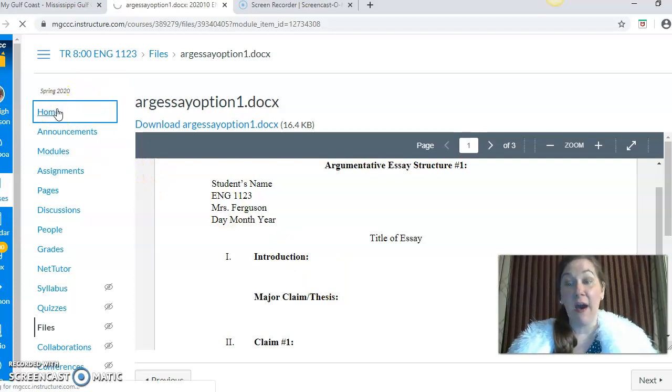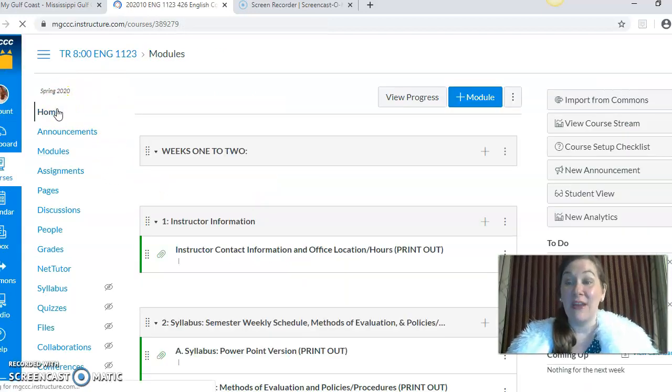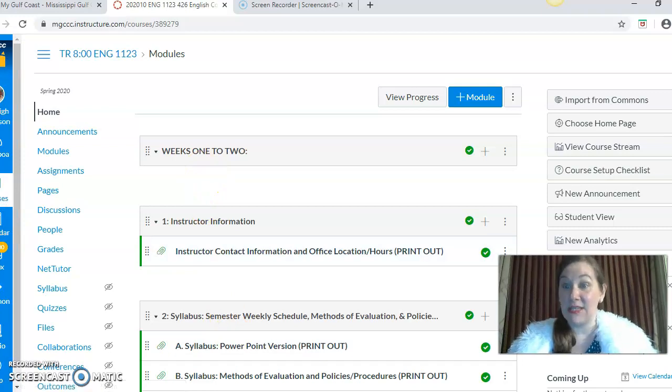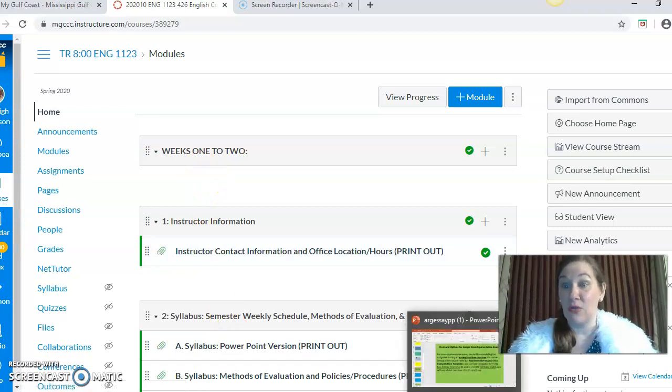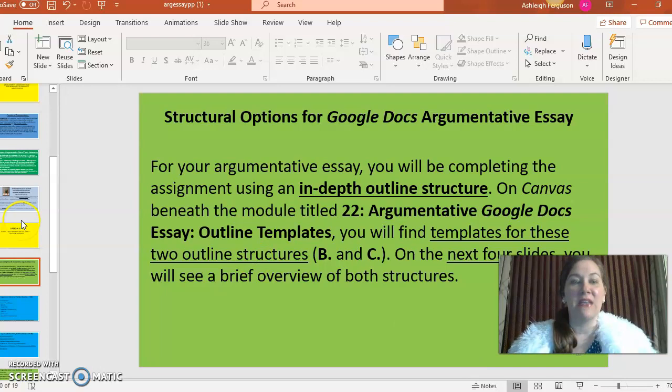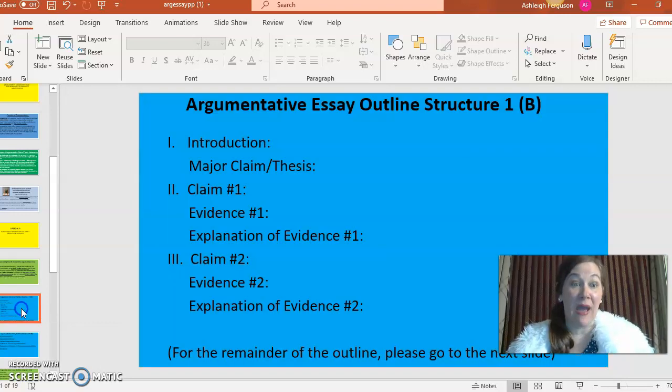As far as the options, they're very similar. The only difference is where you place the oppositional viewpoint. I have very brief overviews of the two structures in this PowerPoint, but also in the handout that I gave you earlier.